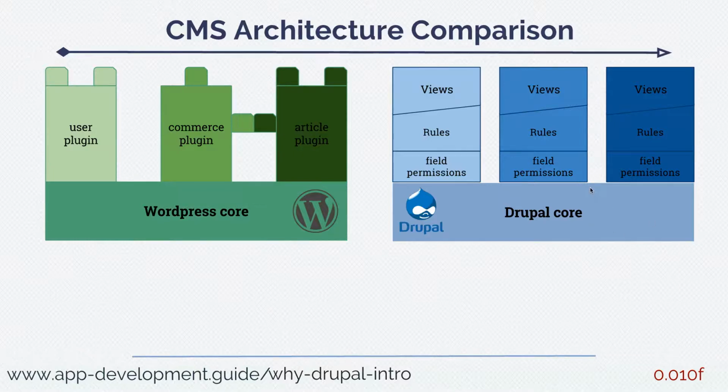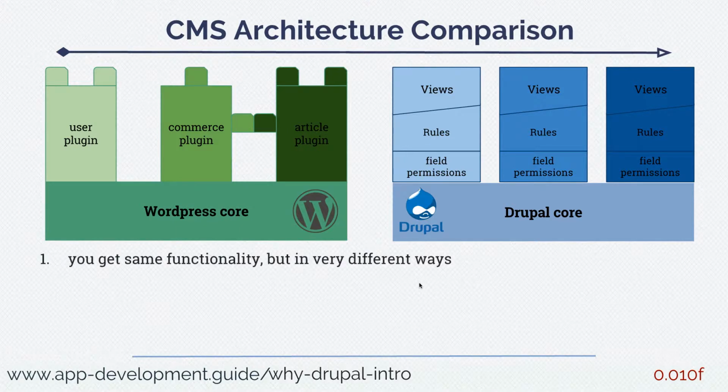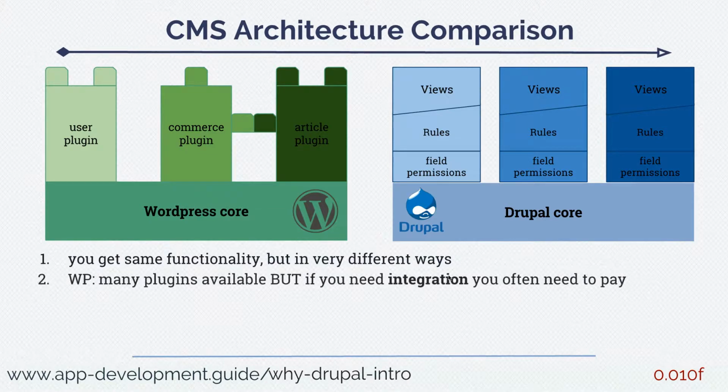So from all of that, it follows that Drupal is more like a framework than a typical CMS. In a nutshell, you get pretty much the same functionality, but in very different ways. With WordPress, you certainly have a lot of plugins available. Some of them are free, others are not free.